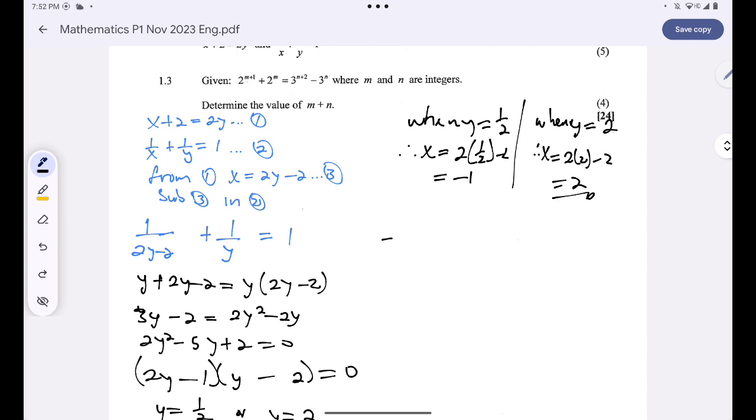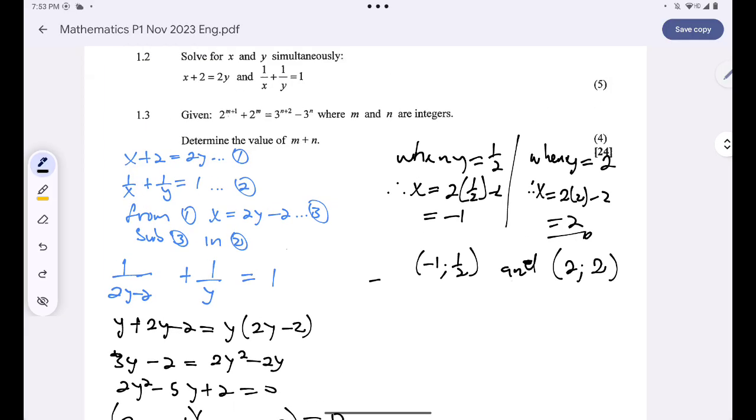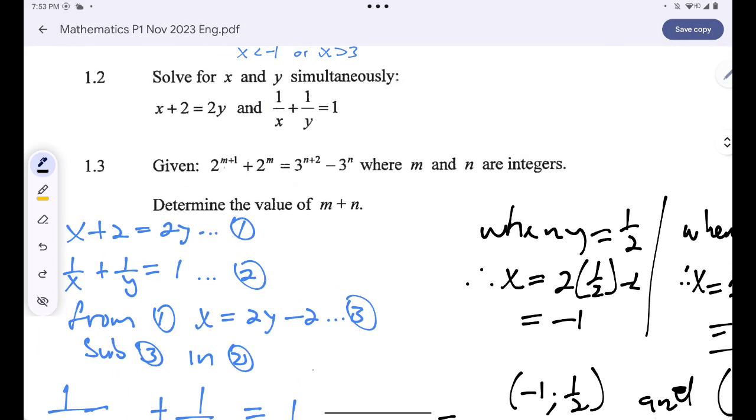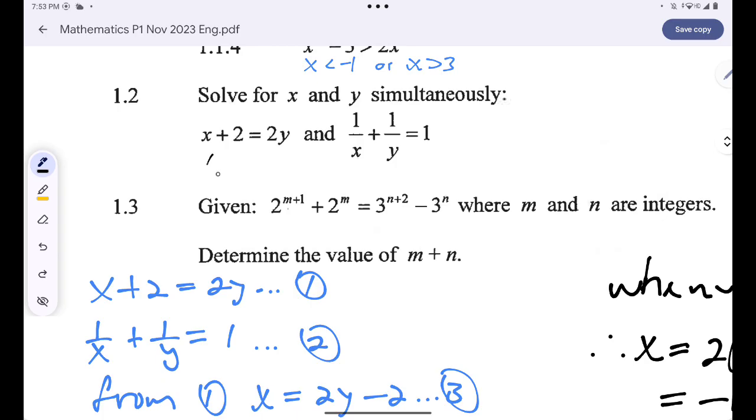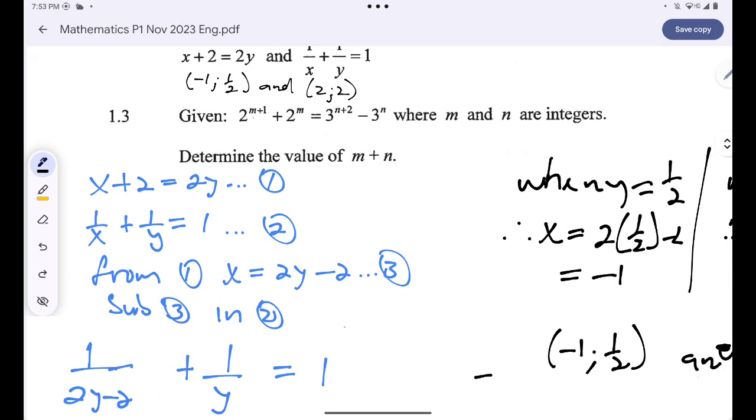This will give me 2. So my solutions: when x is negative 1, the corresponding y value is a half, and when x is equal to 2, the corresponding y value is also 2. So my solutions are negative 1 and a half, and then 2 and 2.